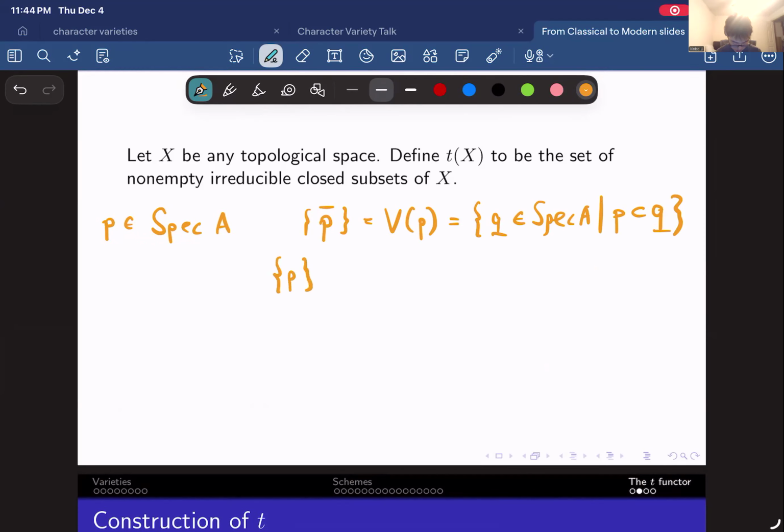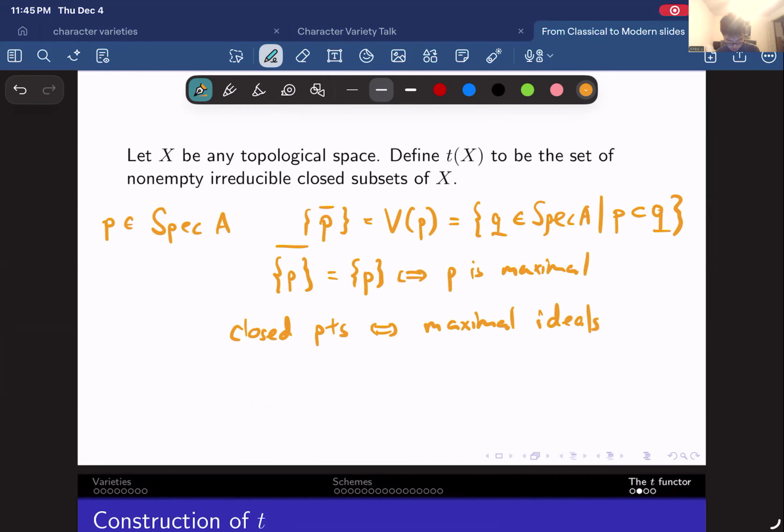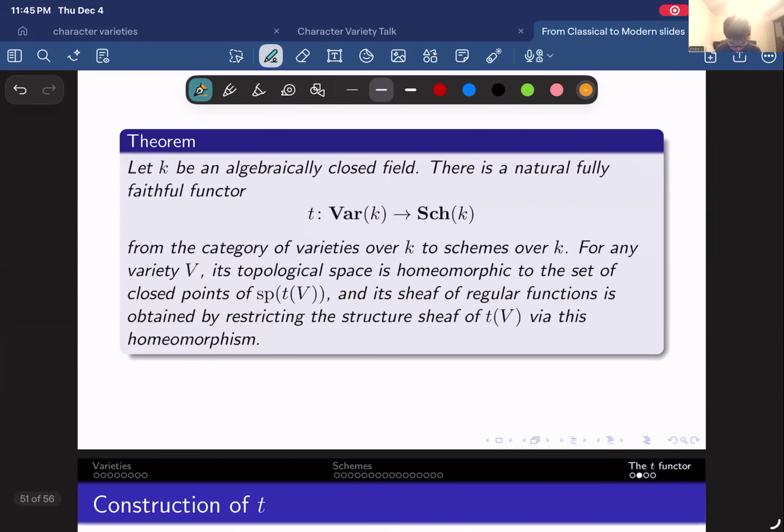P's closure is equal to P, or in other words, P is a closed point if and only if P is maximal, because there's no other ideal, which is not the whole ring, that contains P. So yeah, closed points correspond to maximal ideals.